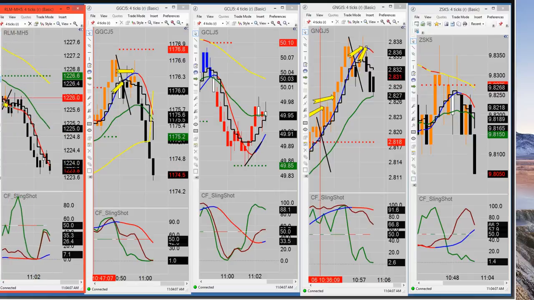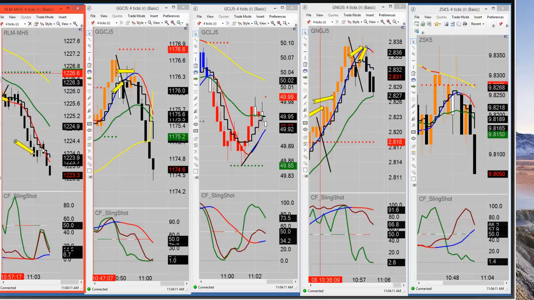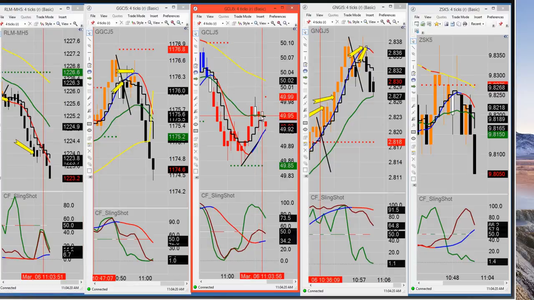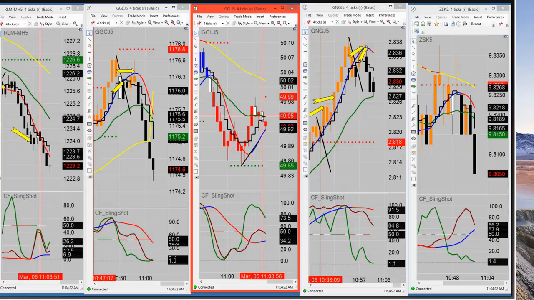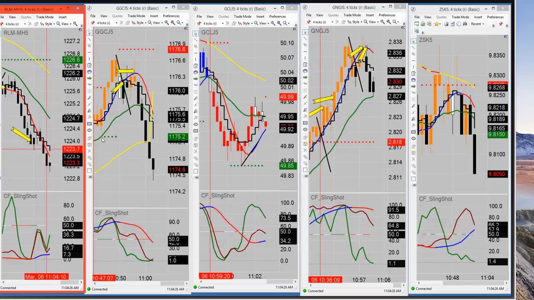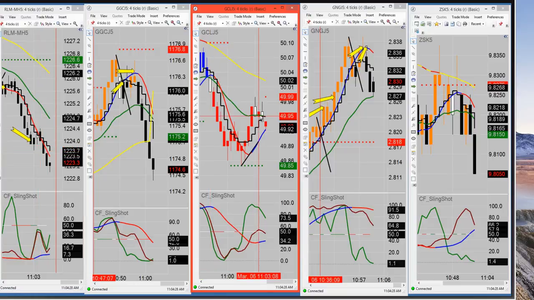The three amigos showed up today in the crude. Two on the short side, one on the long side. All right, there was a short trade over here. I'm not in it on the crude right there.